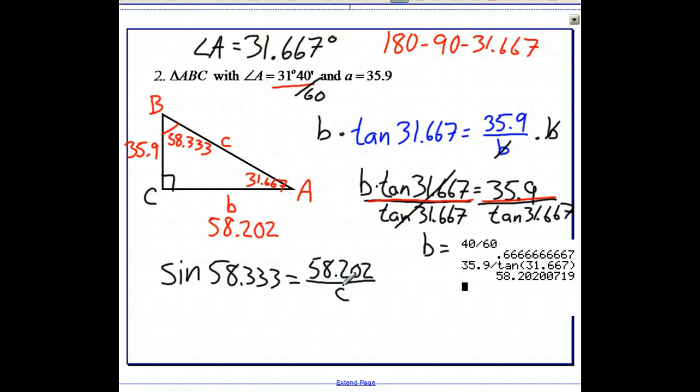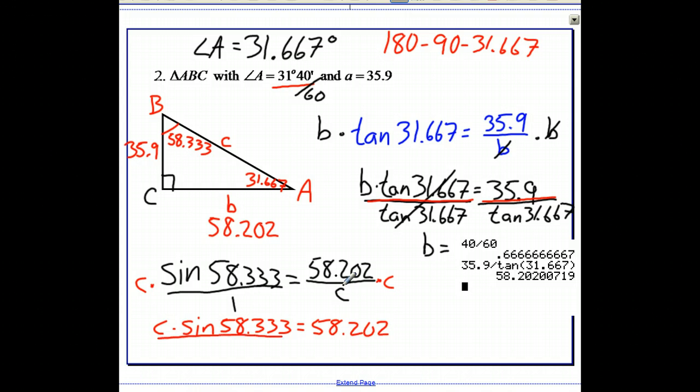Now guys, just like the last one, if you want to think about it in terms of a proportion, that is absolutely fine. You can just think about this as over 1 and solve it that way. Or you can do the method that I prefer to do. Once again, multiply both sides by C, and we're left with C times the sine of 58.333 equals 58.202.